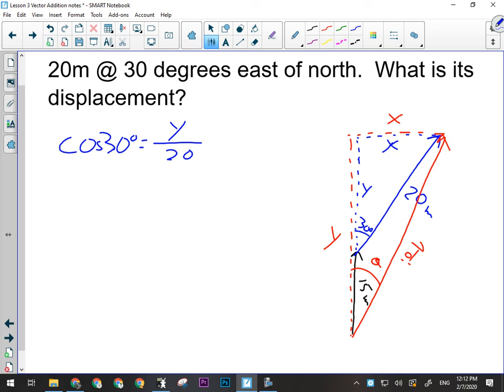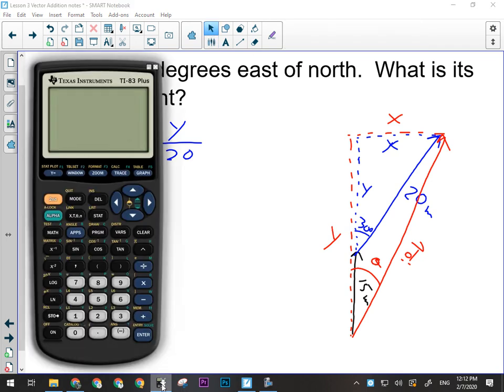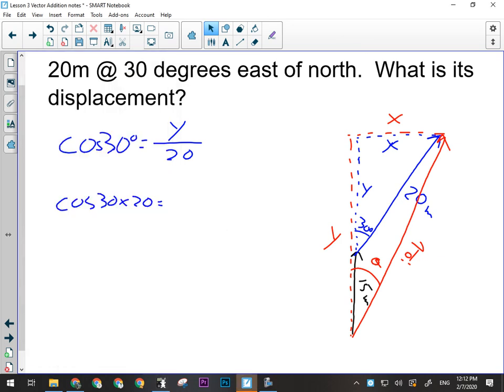So if I want to calculate y, I'm just going to go cos of 30 times 20. Your calculator needs to be in degree mode, by the way, if you're doing this. So that side's 17.32 meters long.